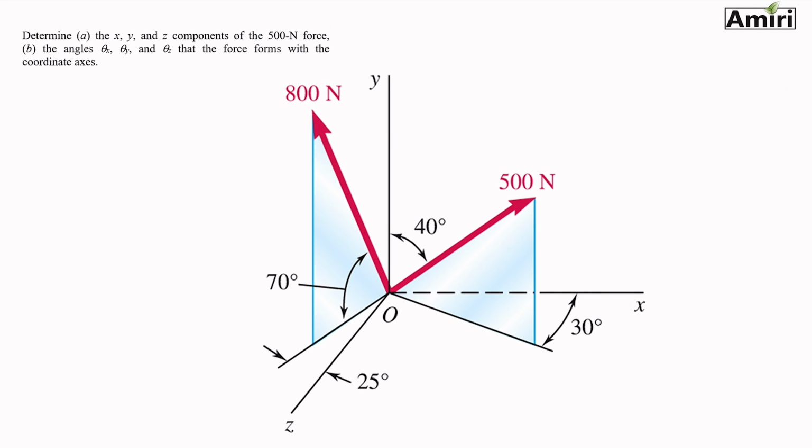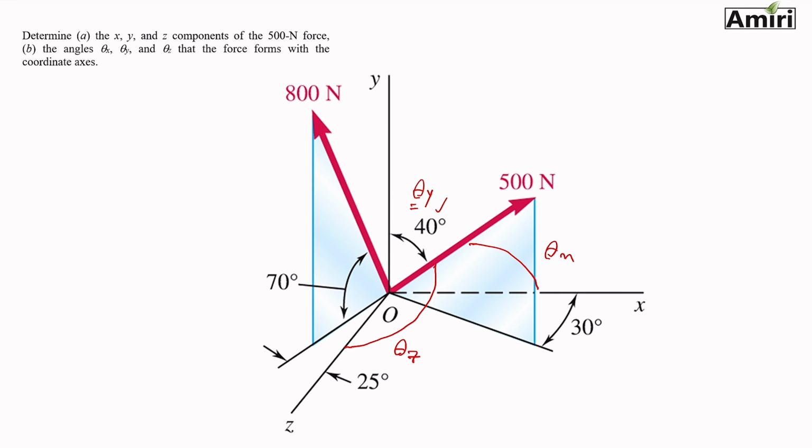This one is given already. This one is theta y, the angle that the force makes with the y-axis, but we don't know the angle that it makes with the z-axis, and we don't know the angle that it makes with the x-axis. So first find the components, Fx, Fy, and Fz of this 500 Newton force, and the other one.